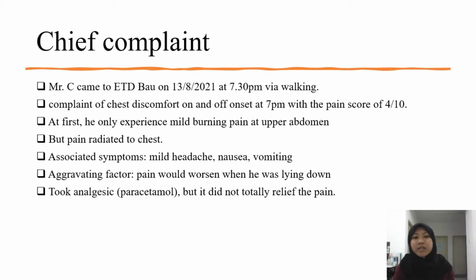At first he only experienced mild burning pain at the upper abdomen, but then the pain radiated to his chest and he realized it was a burning pain. The associated symptoms present were mild headache, nausea and vomiting. The pain would present when he was lying down. He tried to take an analgesic, paracetamol, but it did not totally relieve the pain.